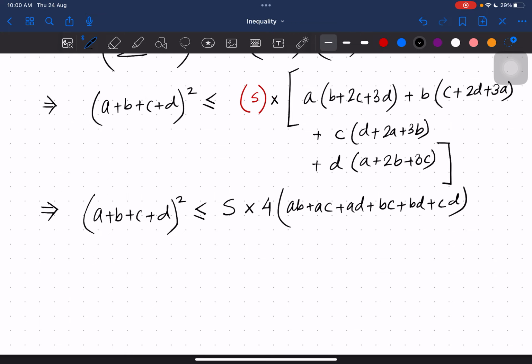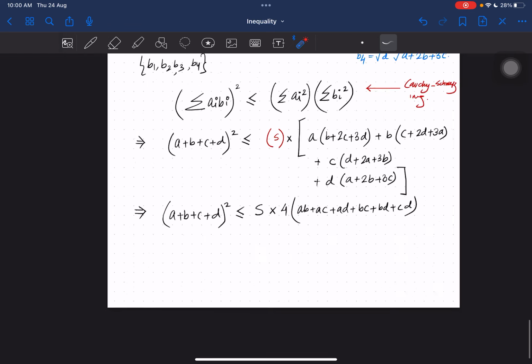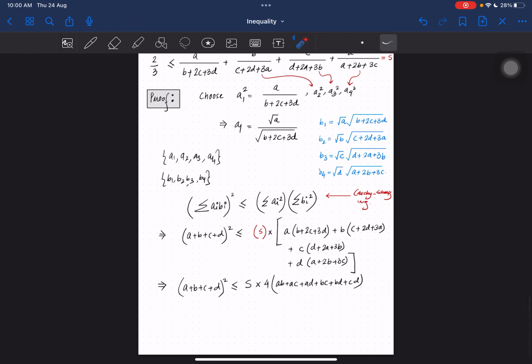Okay, so now we have to find some way to use this and this together and get what we have to bring, 2 by 3, right? So okay, let me write down.